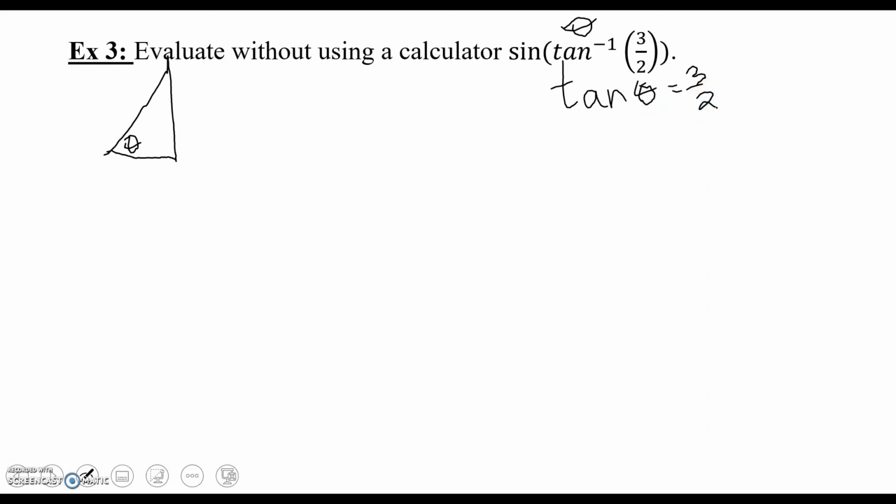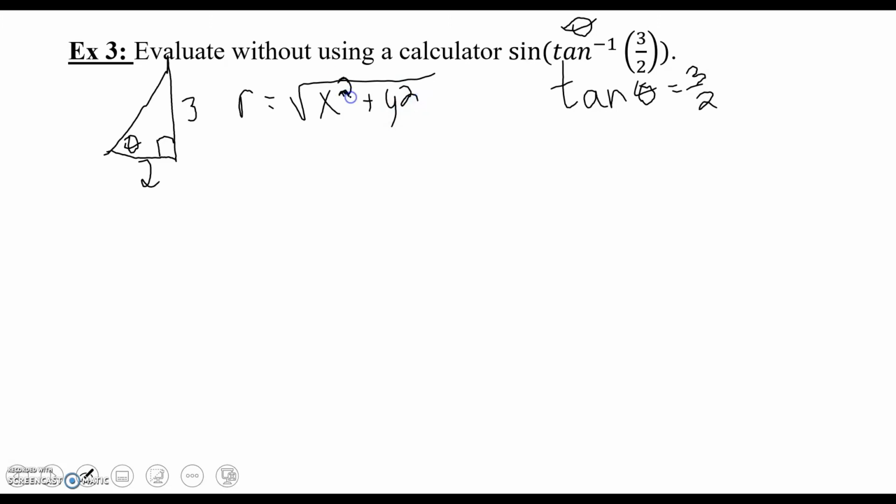Remember, tangent is opposite over adjacent, so that would be 3, and that would be 2. Our opposite side would be 3. Our adjacent side would be 2. So we would need to figure out what is our hypotenuse. Okay, so remember this is a right triangle. For our hypotenuse, we'll call it r, which we did before. r is equal to the square root of x squared plus y squared.